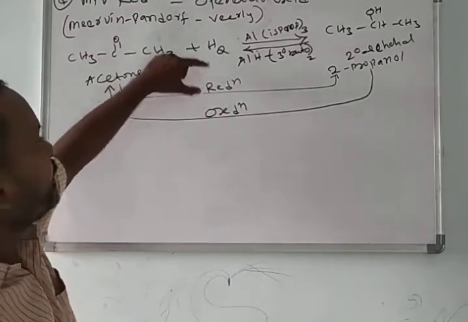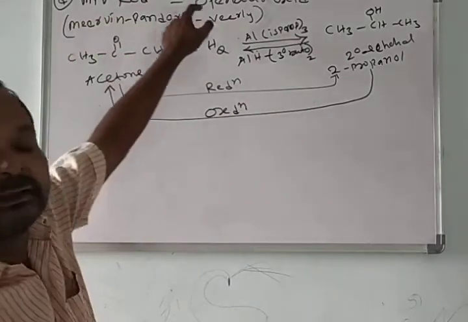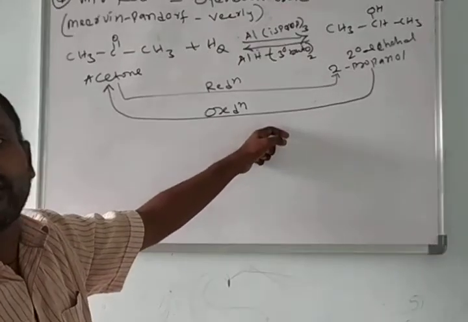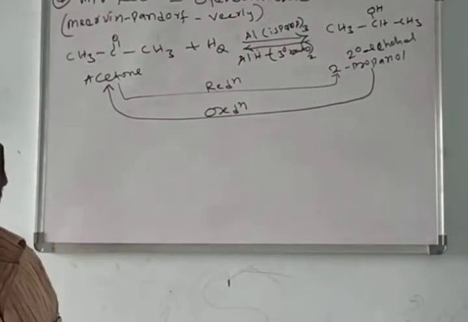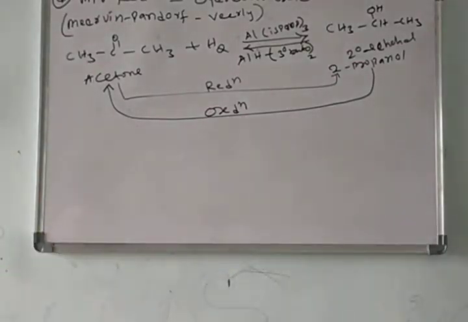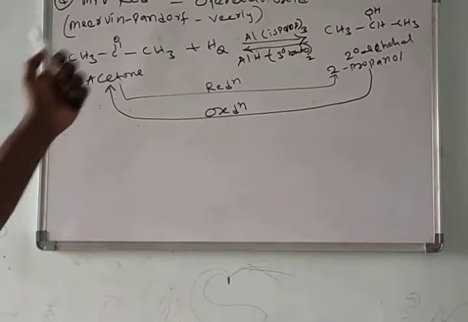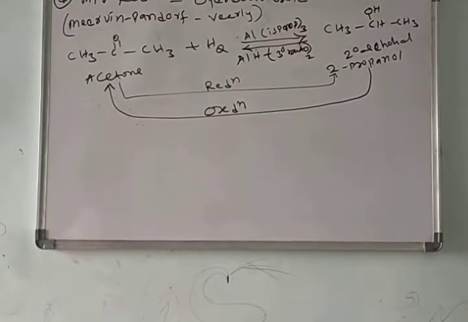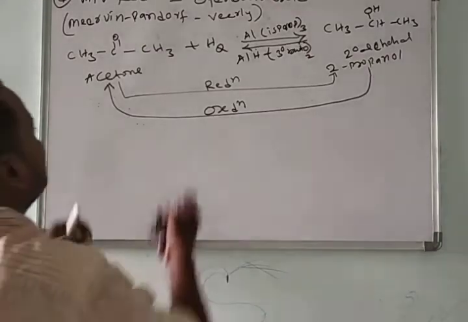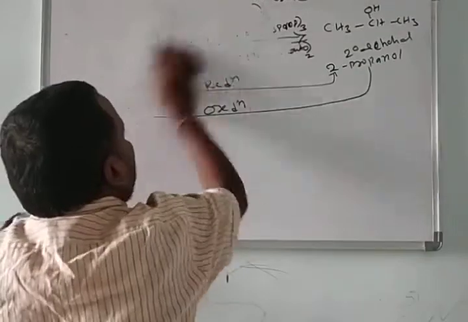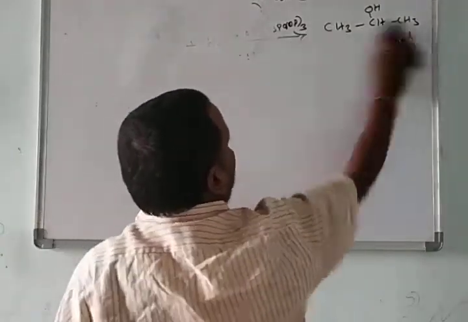Forward reaction we called as MPV reduction. Backward reaction we called as Oppenauer oxidation. This is about one important oxidation reaction and reduction reaction which is used in our organic chemistry.